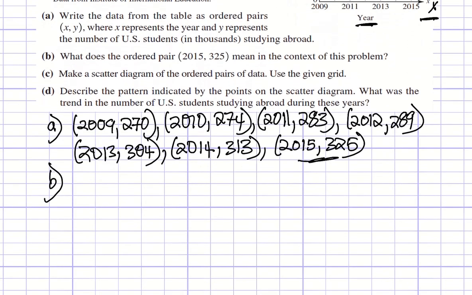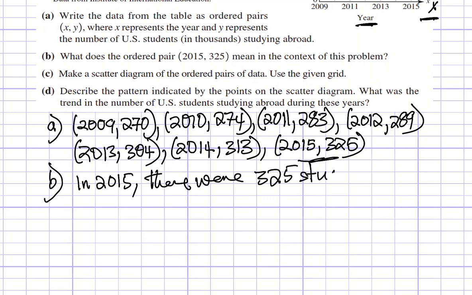So that other pair means in 2015 there were 325 thousand American students who studied abroad.